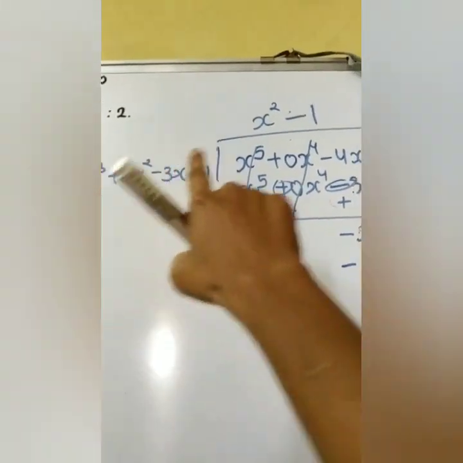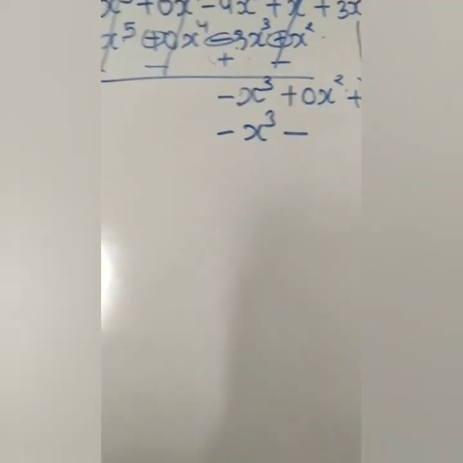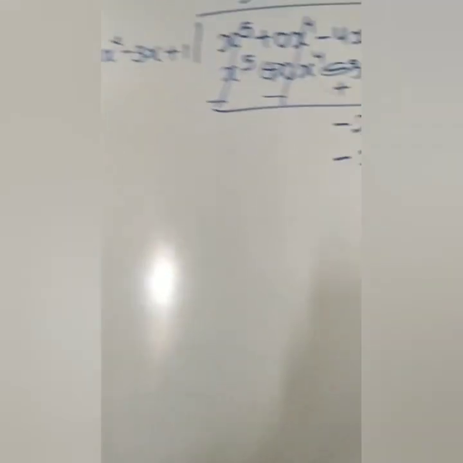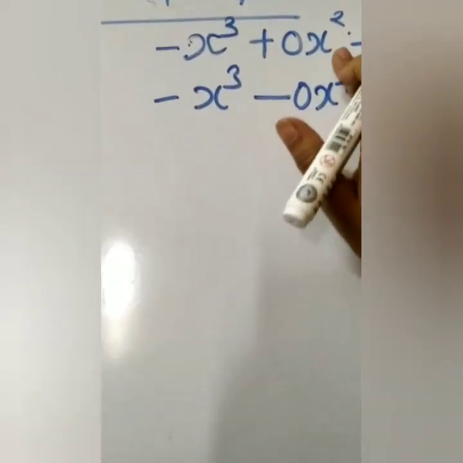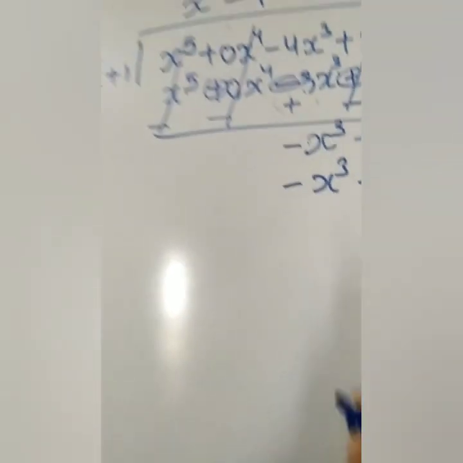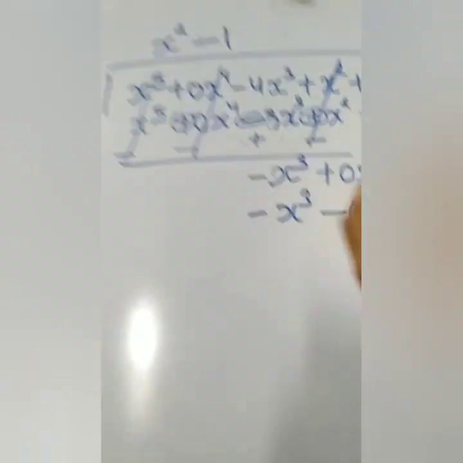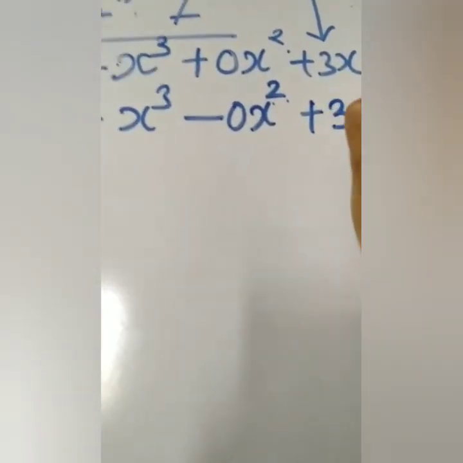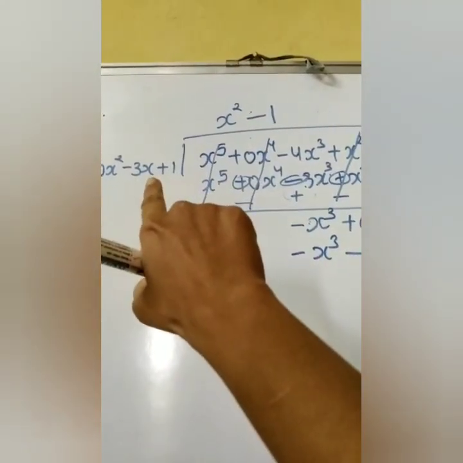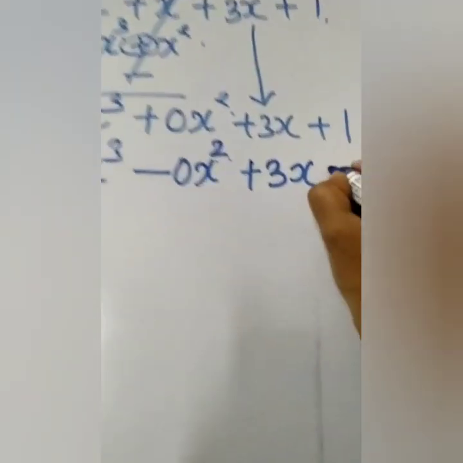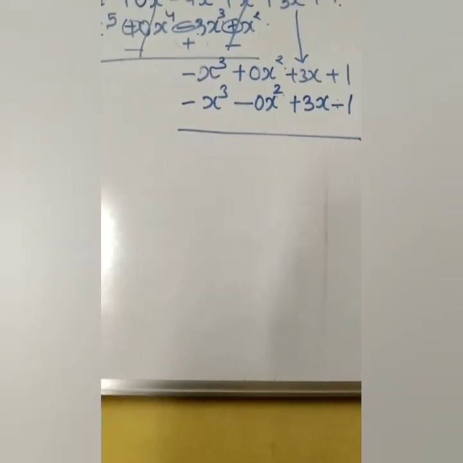If we multiply it with 0, no need of sign because 0 is there, so you can write 0x square. Here minus minus will become plus and 3 ones are 3x. So we will write plus 3x. And minus plus will become minus and 1 ones are 1, so minus 1.